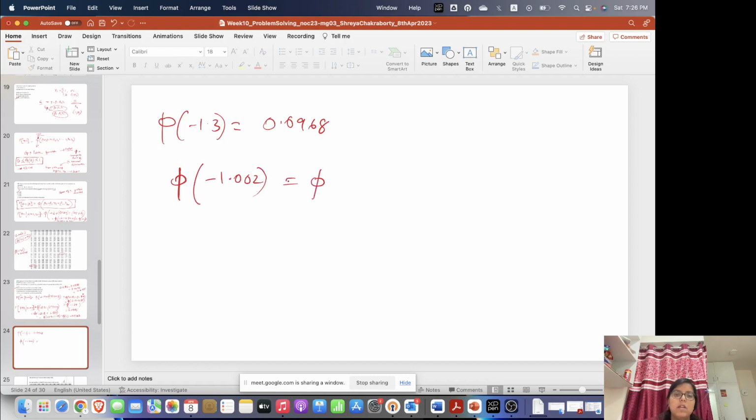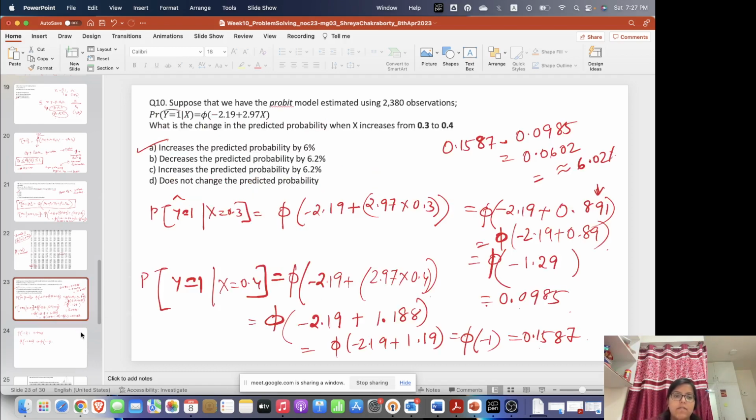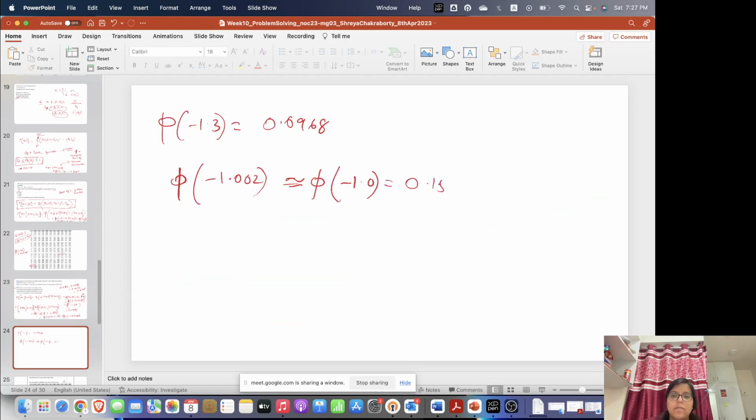Approximately this will be from the table minus 1.0 only, and that value is 0.1587. So the difference will be 0.1587 minus 0.0968. So then this would be 0.0619, which would be 6.2%.